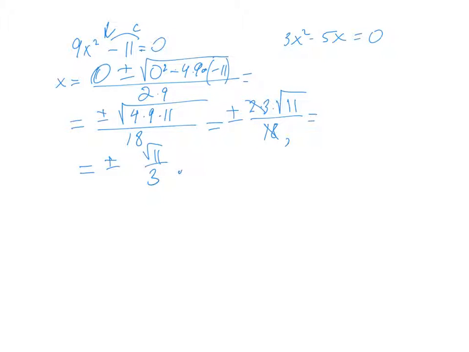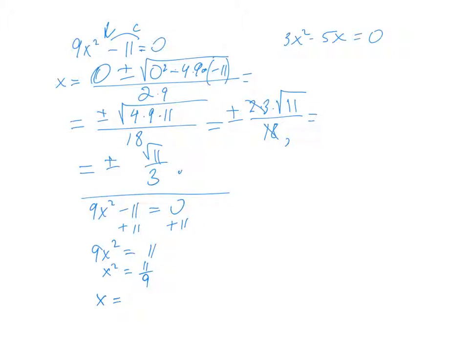Now let's solve this without the quadratic formula. So I'll write this down again. 9x squared minus 11 equals 0. The simplest solution would be to add 11 to both sides, and then you have 9x squared equals 11, and then you divide both sides by 9. And then you need to get x by itself, so you need to take a square root.